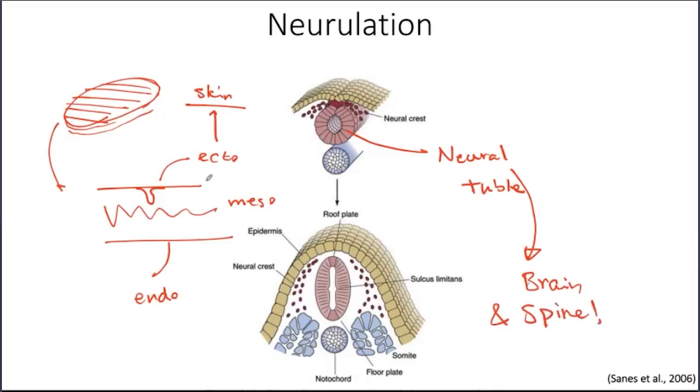So this part of the ectoderm, which is a part of the future skin, goes inside and makes the neural tube. That's the reason we call it neurulation. Neurulation happens here, and then this neural tube would evolve into the human brain and human spine, which is a pretty complex process.